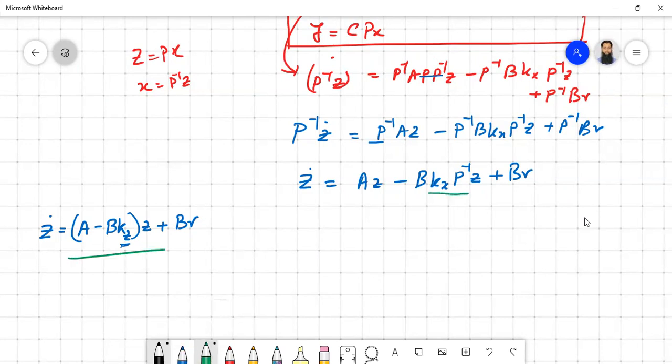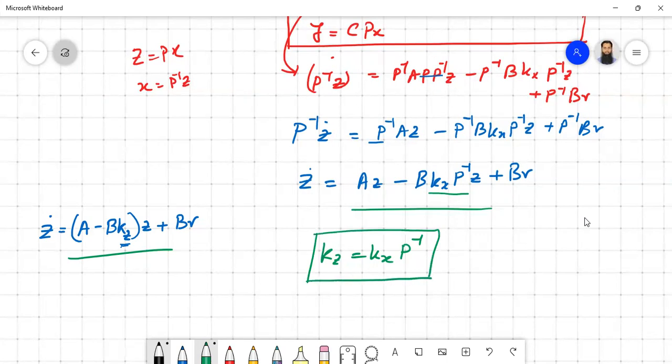If you compare this equation and that equation, you can find a relation between KX and KZ. So KZ should be equal to KX P inverse. If you know the P matrix, we can easily figure out the state feedback gains K in the original system. This is how you have to solve it.